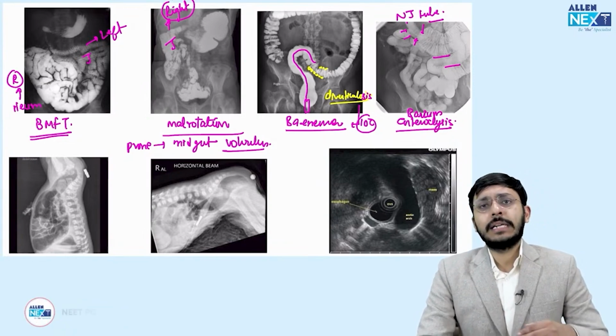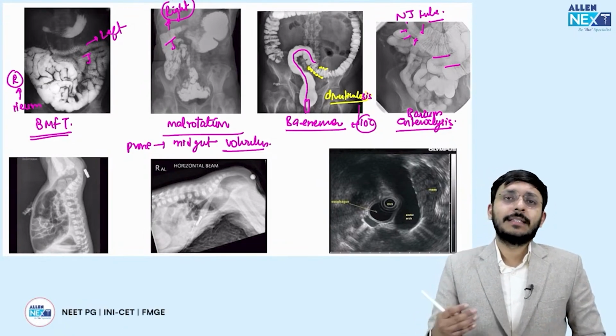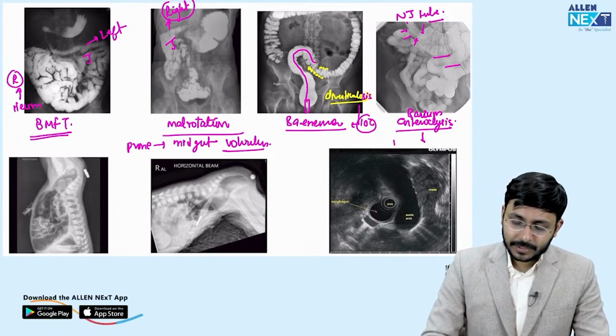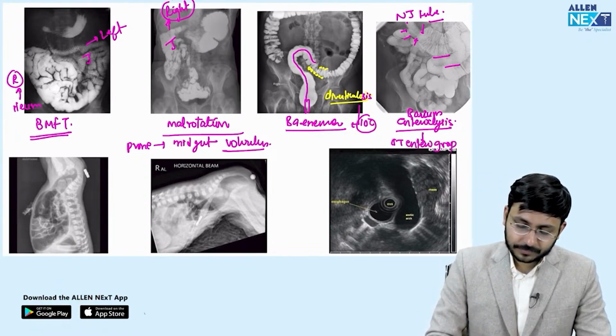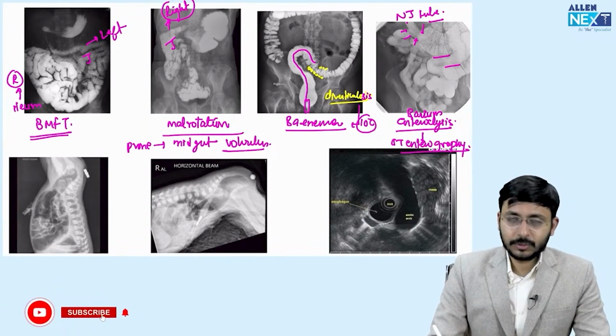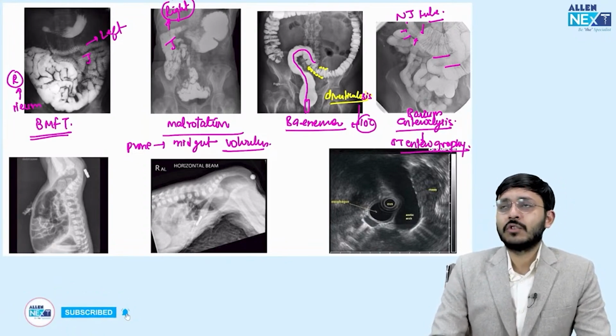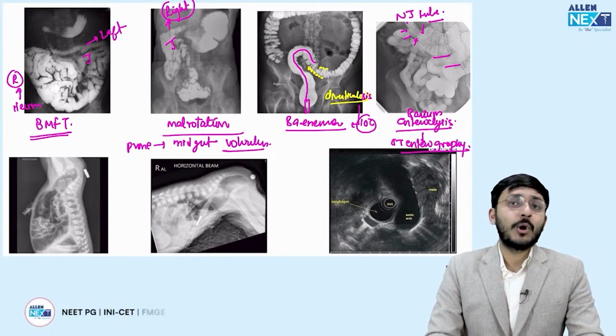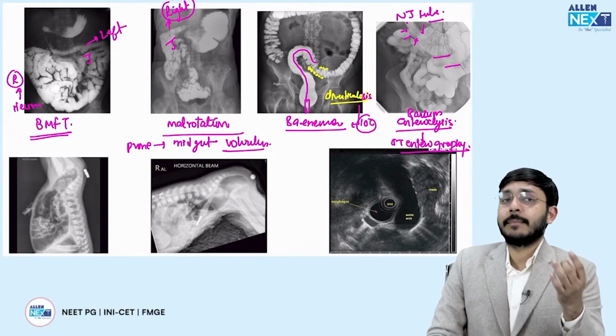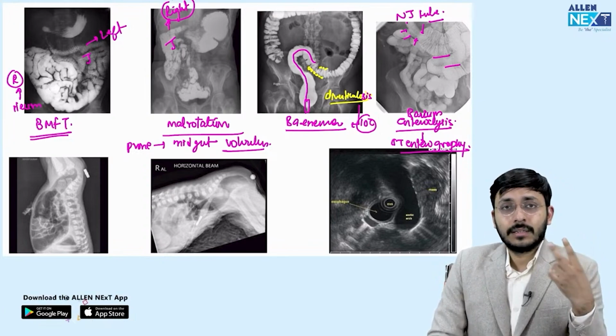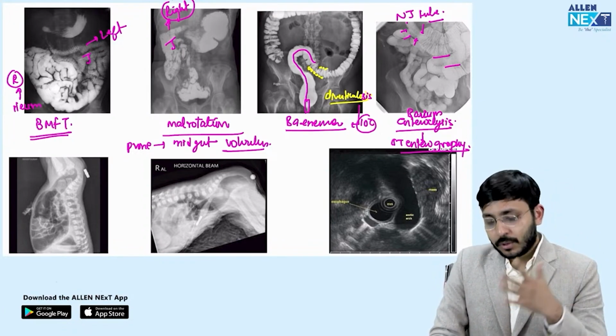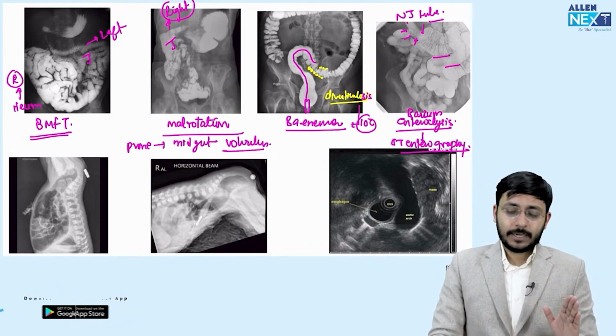This was done in earlier times, but nowadays it has been replaced by CT enterography. So CT enterography will be the investigation of choice whenever we want to evaluate small bowel pathologies, for example, Crohn's disease and abdominal tuberculosis. For all these, we'll do a CT enterography.